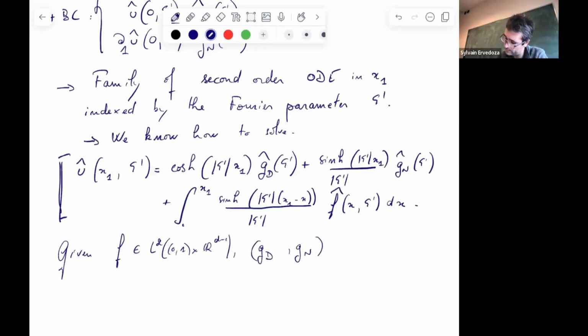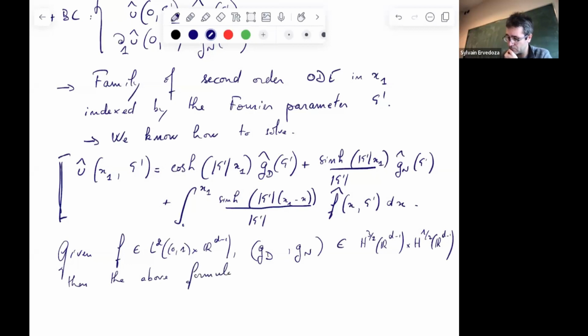So probably if we know about trace theory, what would be very natural would be to have GD in H3 half of R^(d-1) and GN in H1 half of R^(d-1). Then the above formula gives the U. Okay, so this is a case in which we have what is called uniqueness in the Cauchy problem.